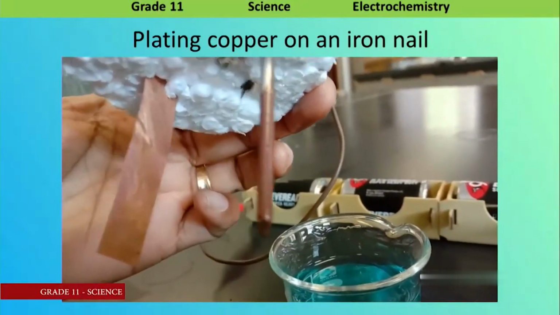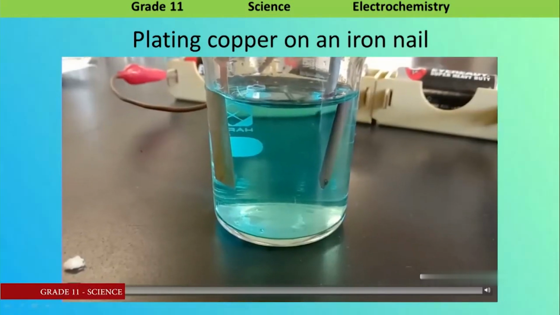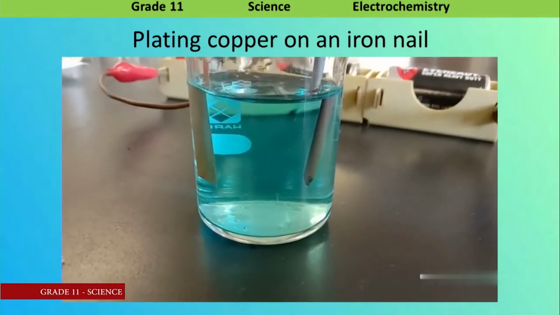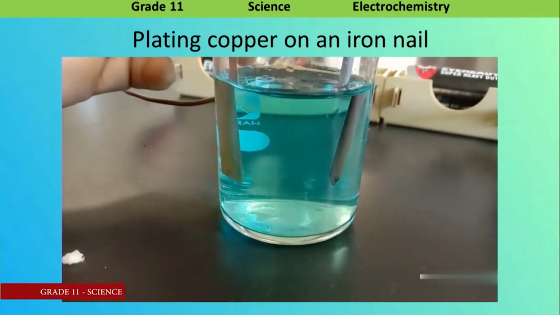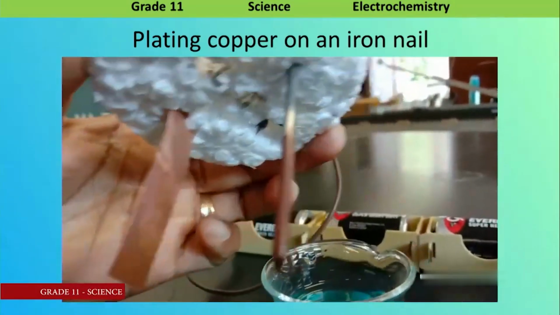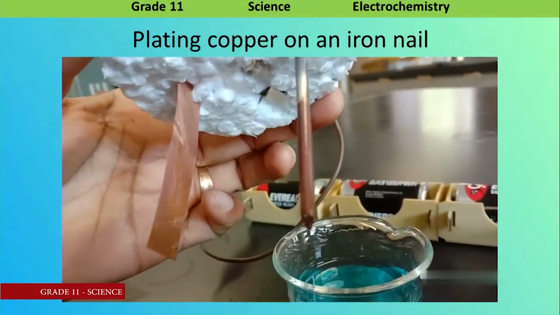Here you can see how the metal copper is plated on the iron nail. I will play this again. See, the two electrodes are a copper plate and, as the cathode, an iron nail, right? After a few minutes, you can see the iron nail has been plated with copper.